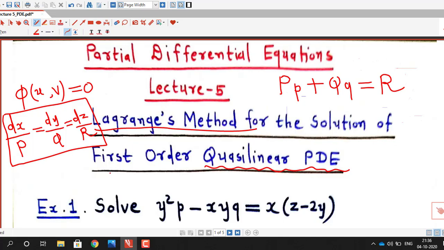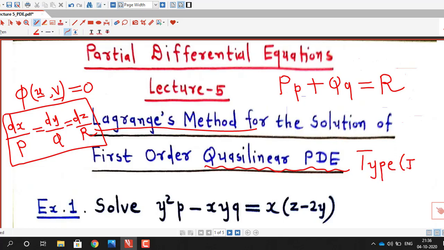So we have seen two examples in which we were able to find out these two solutions u and v by directly comparing two of these three fractions. So this we can consider as type 1 of solving Lagrange auxiliary equations.